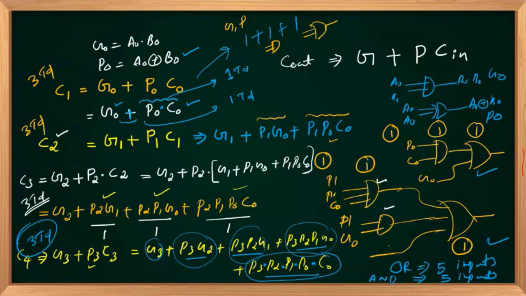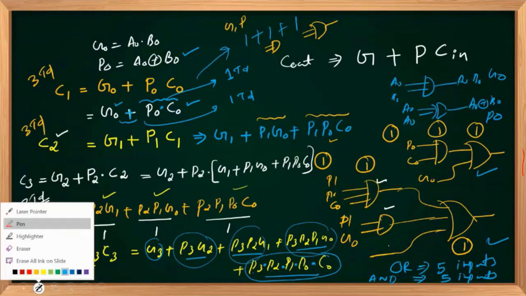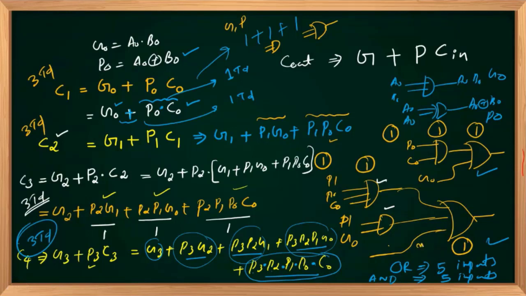So in general, we require n plus 1 inputs for both the AND as well as OR gates. The highest number of inputs is 5 for both AND as well as OR gates. Please keep that in mind.